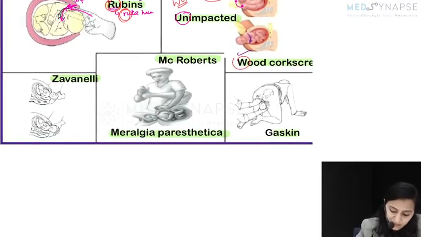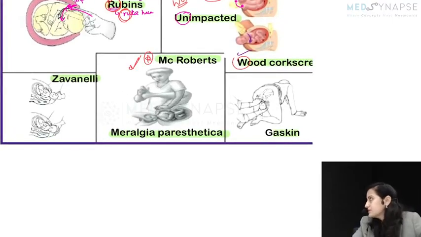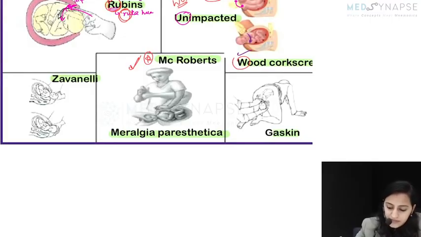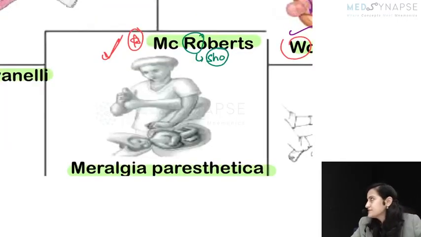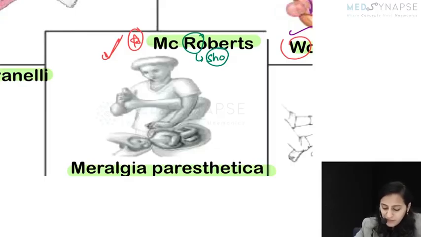This is very, very important and the most important maneuver here, McRoberts. McRoberts, RO is used in SHO, shoulder. Roberts is for shoulder dystocia, not for breech. What are we doing in McRoberts is, you ask the female to flex, take the thighs on the tummy, abduct, and then the pressure is given.